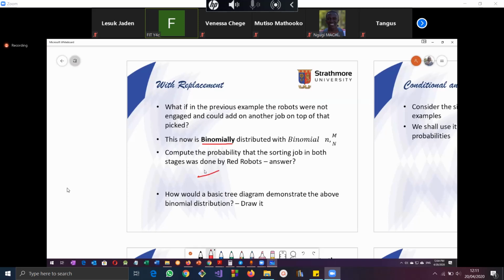So 7/10 here, 7/10, and then I pick a red robot, and the probability of picking another red robot still remains 7/10, etc. But without drawing all this, we will just be computing things using the distribution and its formula.